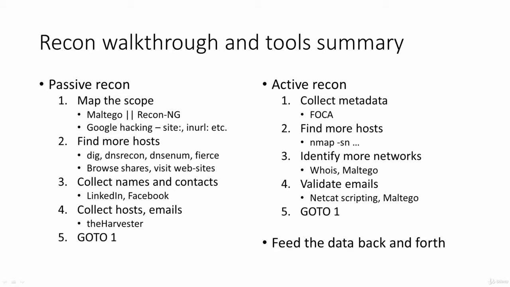But returning to the passive reconnaissance walkthrough, we will do some social media searching, right? So we will see who the employees are and how they are interconnected. We will probably create an Excel spreadsheet that contains all this information. And we will try to automate that as well.